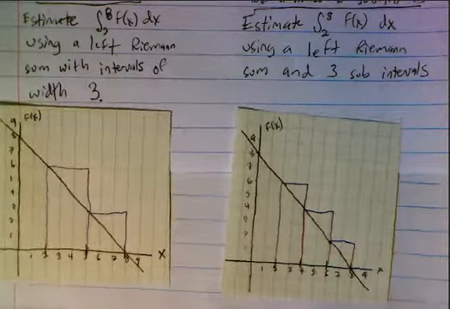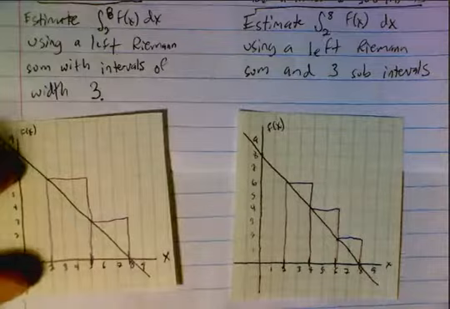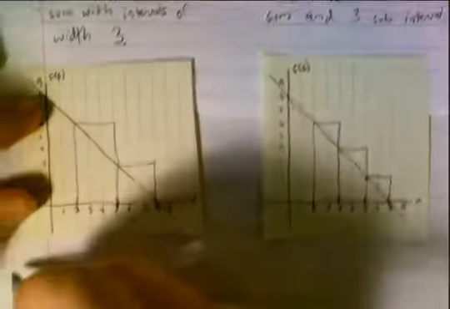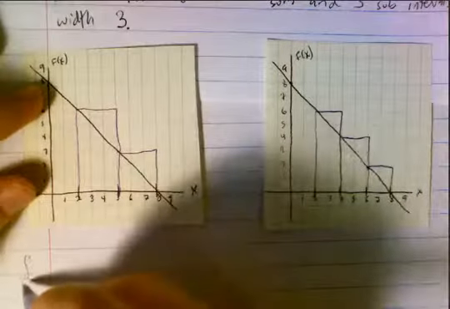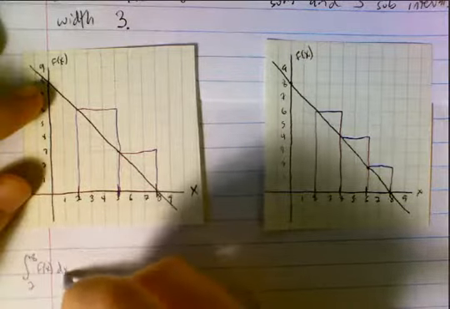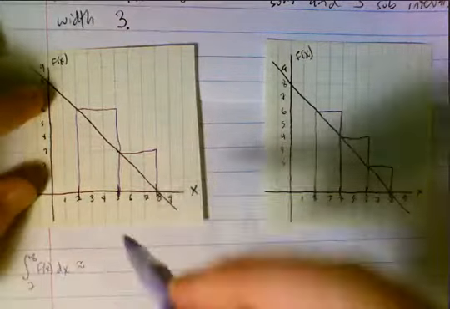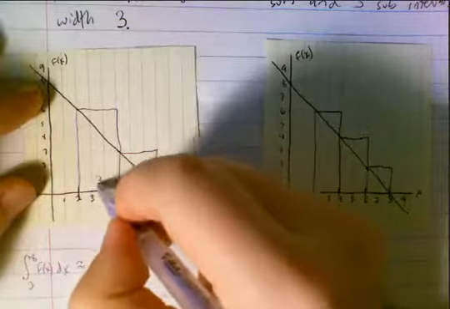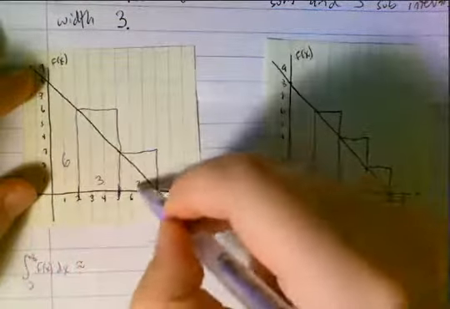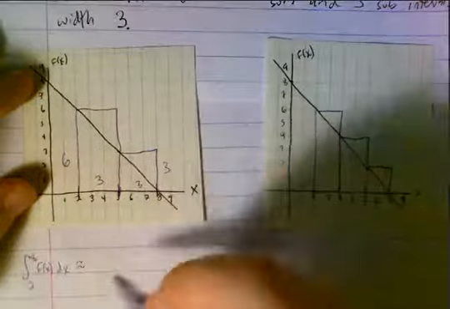Now, when we figure out these areas, it's exactly what we were doing before. We're going to do the area of the first one, so this is 1, 2, 3 wide by 1, 2, 3, 4, 5, 6 high. This was also 3 wide by 3 high.